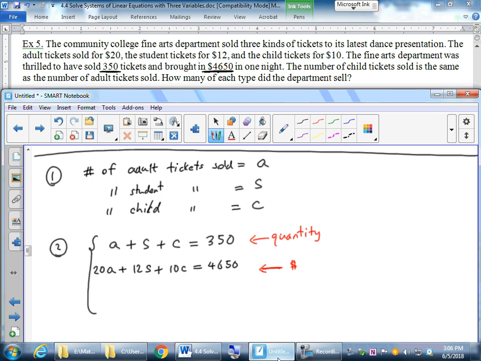And the last equation tells you the number of children tickets sold is the same as the number of adult tickets sold. So that means the children tickets C must be equal to the number of adult tickets, A. That is basically the relation between the two types.